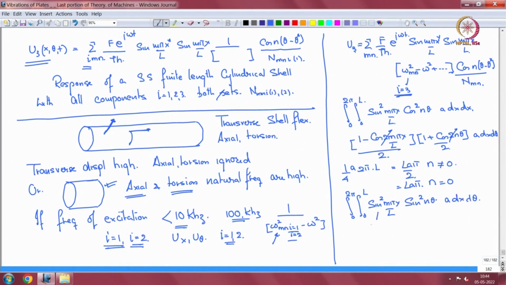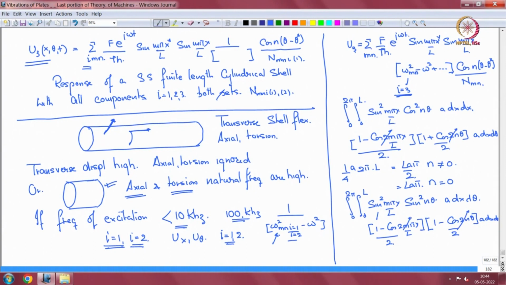So this gives me 1 minus cos 2 m pi x by L, by 2, and this gives me 1 minus cos 2 n theta by 2, a dx d theta. So this will go to 0, this goes to 0.